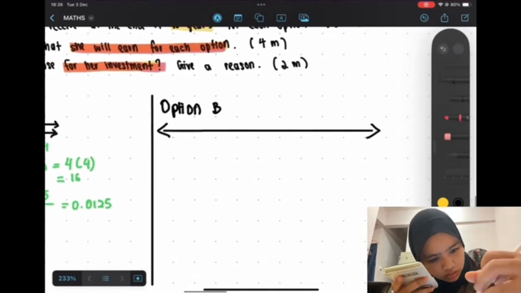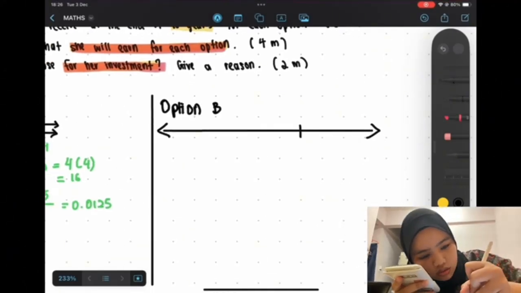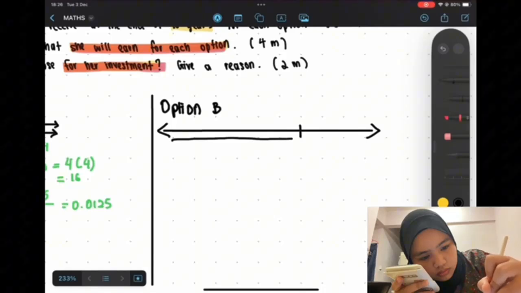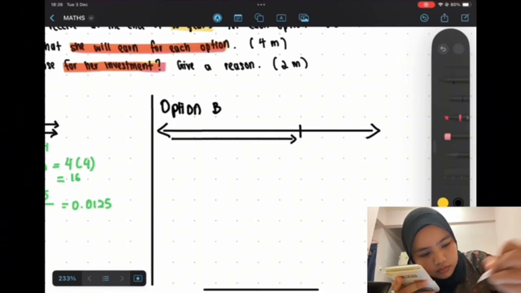Option B also has the first 6 years and another 4 years.